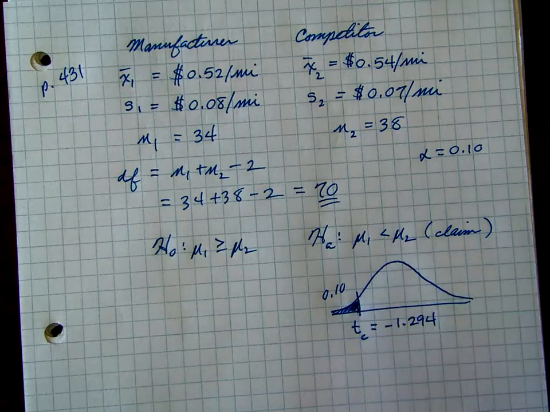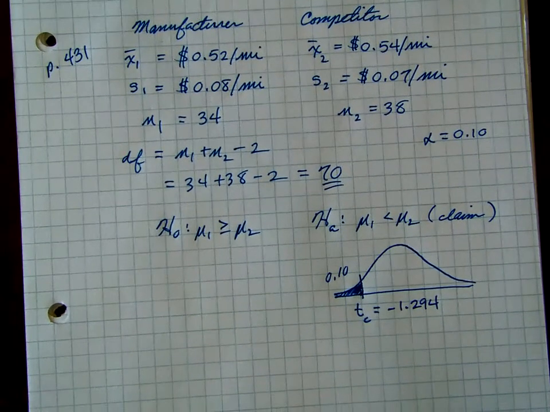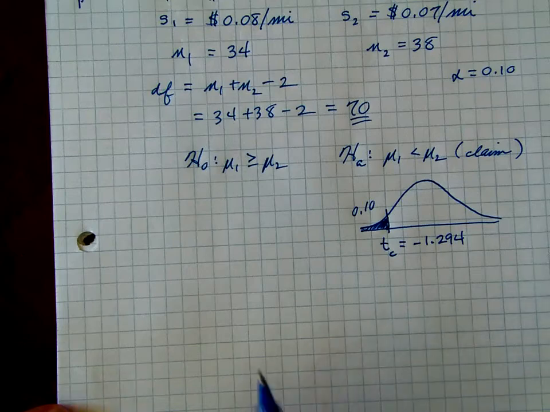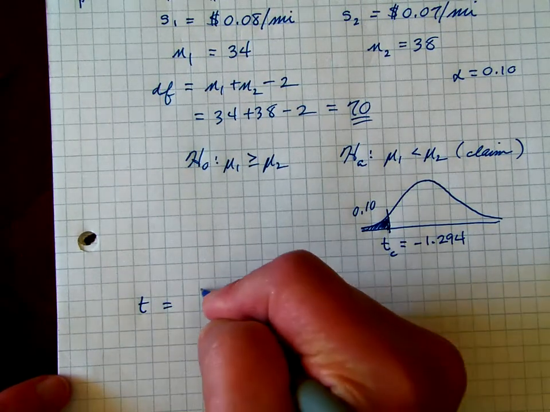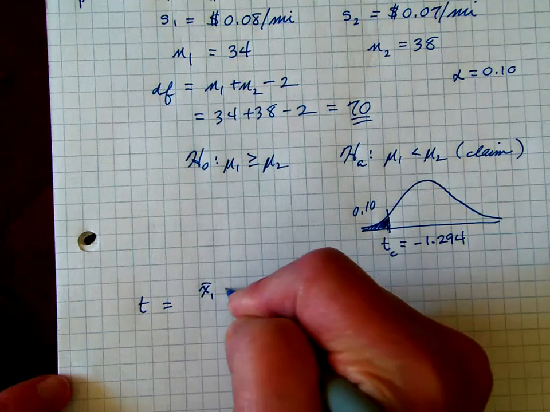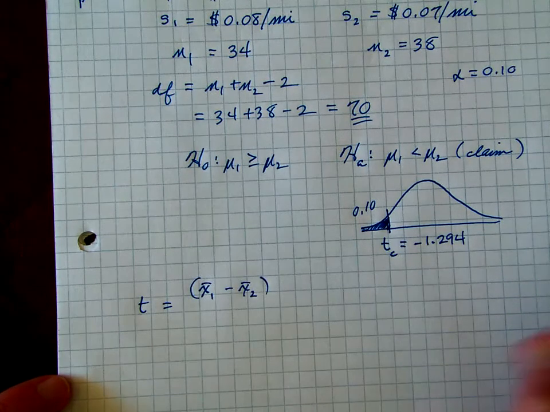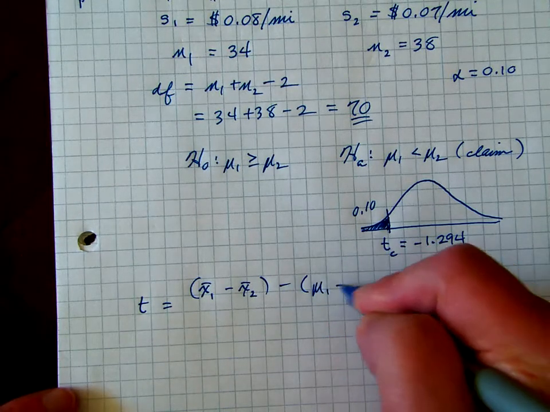Let's find out what our statistic is. I kind of apologize for this computation because this is even worse than the previous one. The statistic starts off the same as before. You take x1, you subtract x2, the difference in means, and then you subtract the difference in the population means.